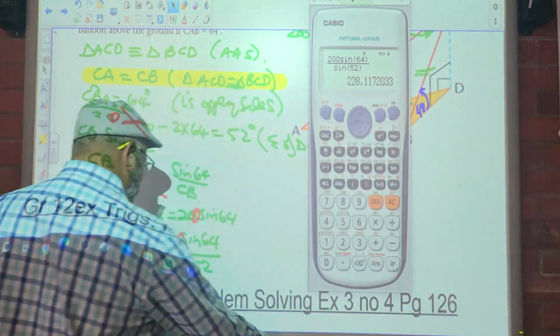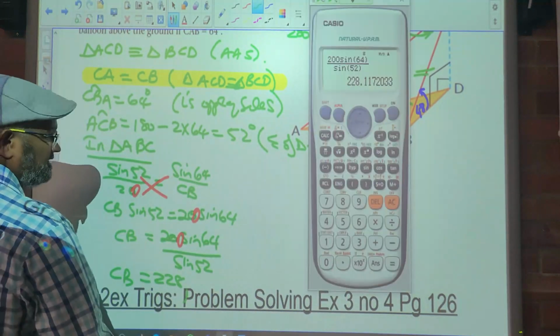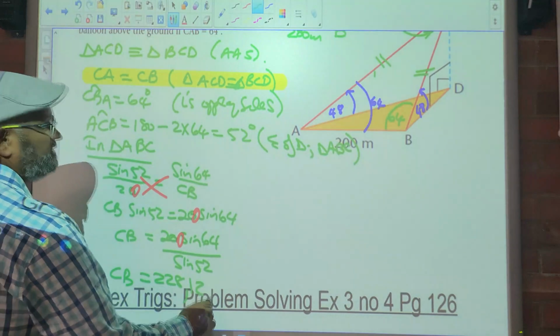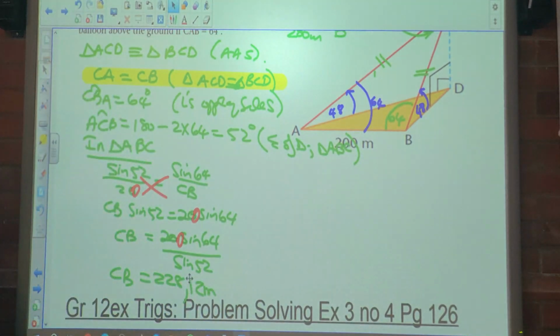Okay? So CB is going to be 228,12 meters. Did I ever answer the question?